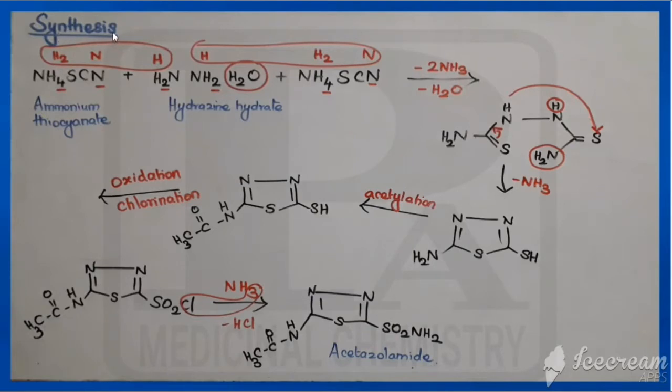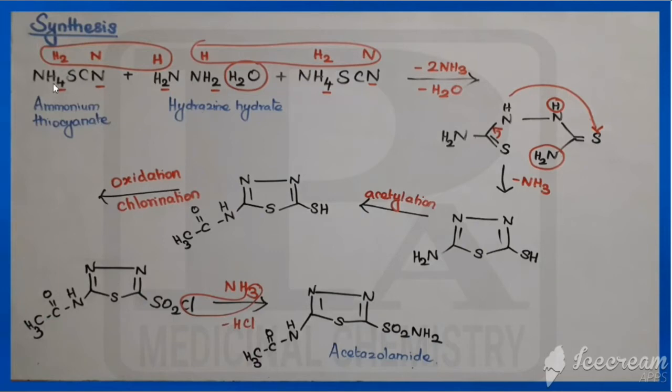For the synthesis of acetazolamide, here we are taking two molecules of ammonium thiocyanate, NH4SCN, and that is treated with hydrazine hydrate. Already we have known what is hydrazine, NH2NH2. With that, one molecule of water is added, that's why it is called hydrazine hydrate.